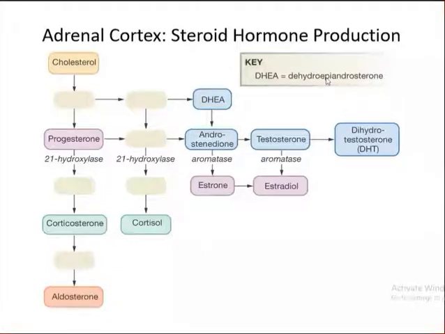Dihydrotestosterone is more potent than testosterone. So there are two male sex hormones: testosterone and dihydrotestosterone. Dihydrotestosterone is produced from testosterone by the reductase enzyme, 5-alpha reductase, I think.